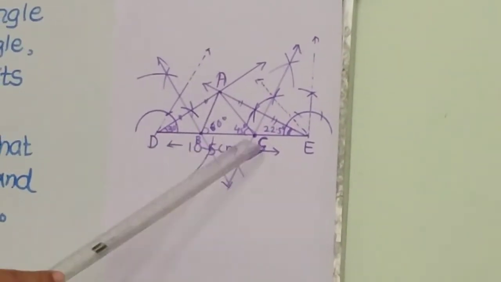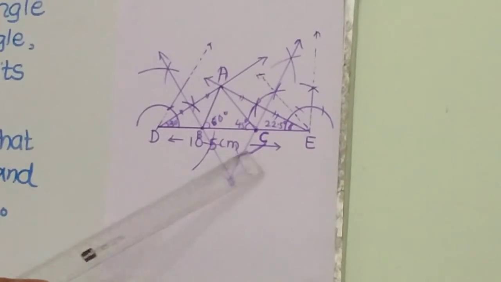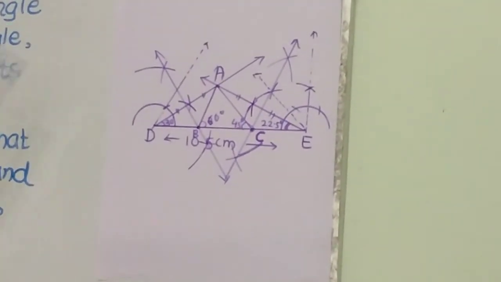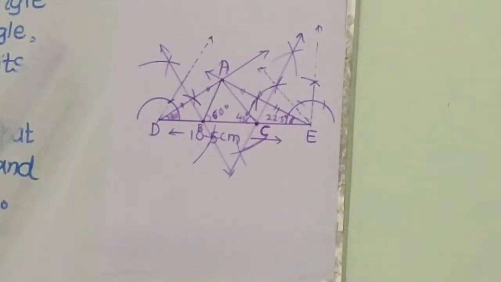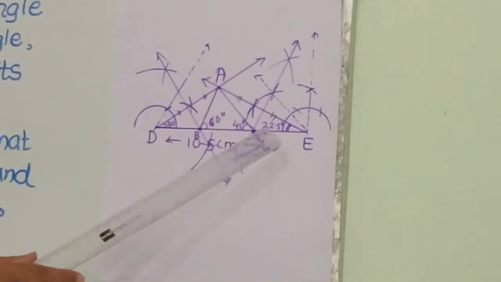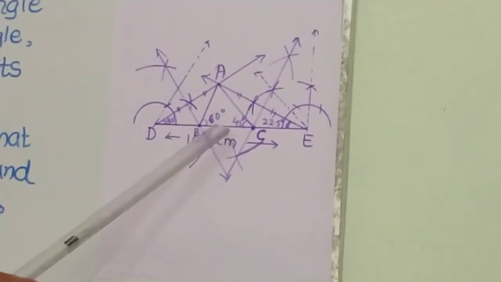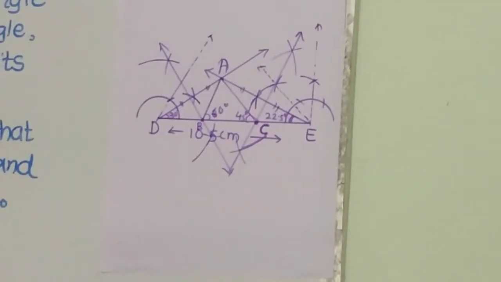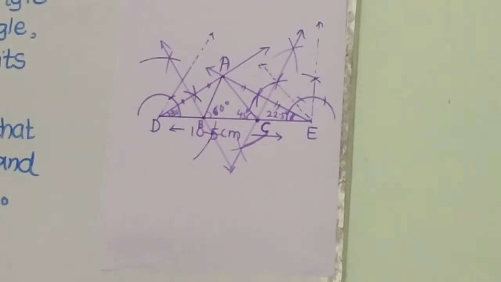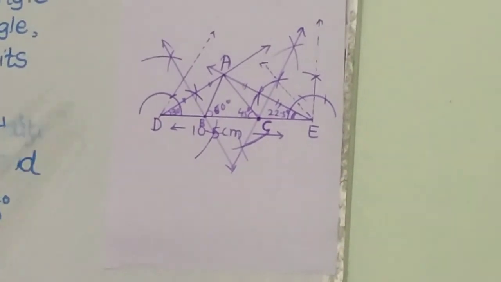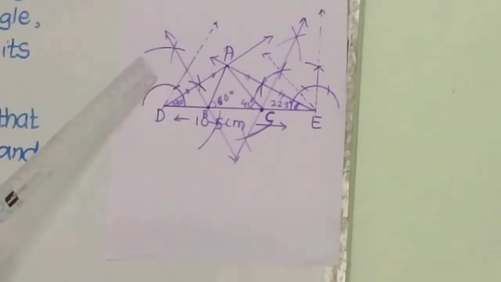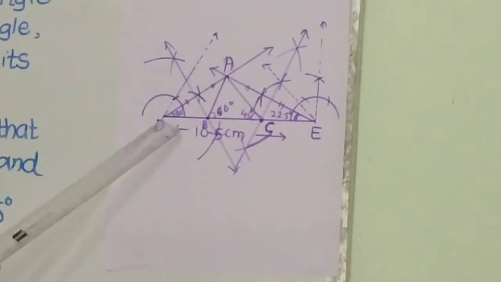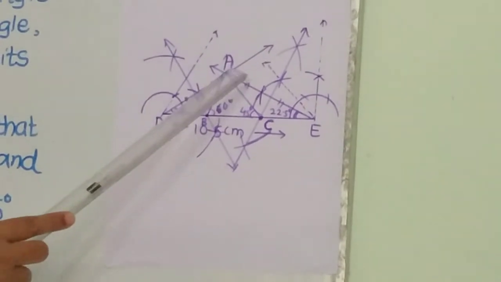Then we have the two base angles, angle B and angle C, whose measures are 60 degree and 45 degree respectively. First you make the half of the given angle. So first I draw here a 60 degree angle and I make it into the 30 degree half angle.